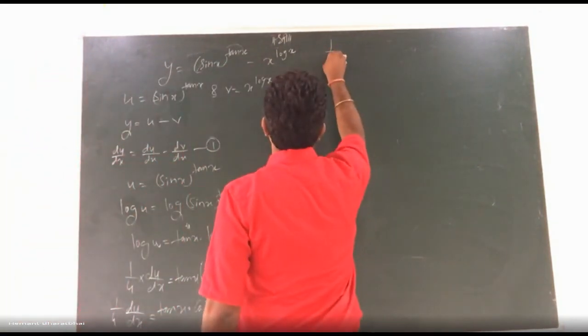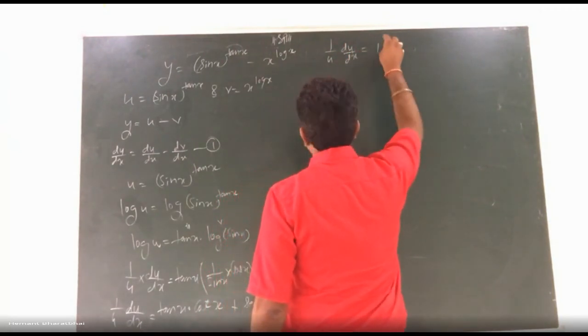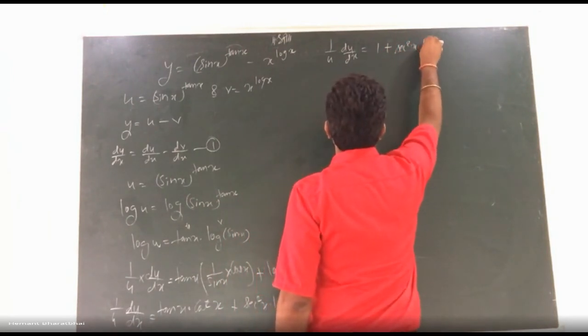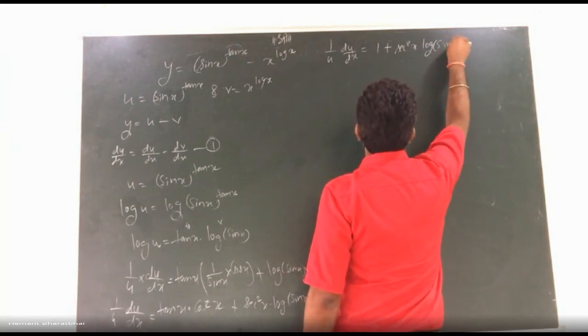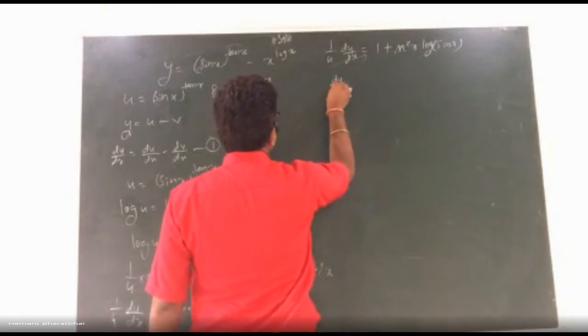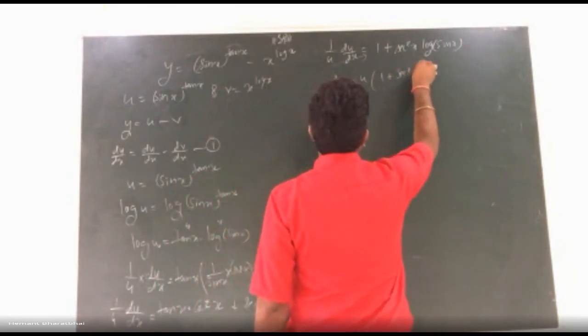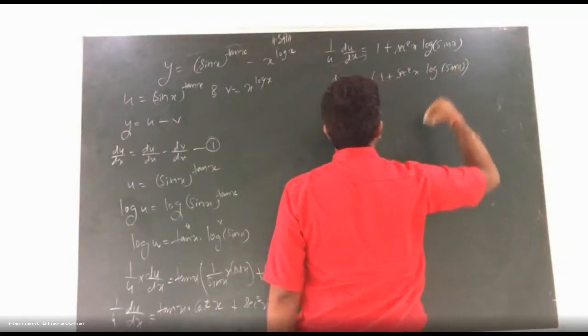So I will get 1 by u du by dx equals 1 plus sec square x log of sin x. This u will go over here, therefore I will get du by dx equals u into 1 plus sec square x into log sin x.